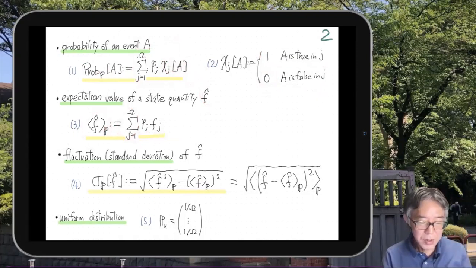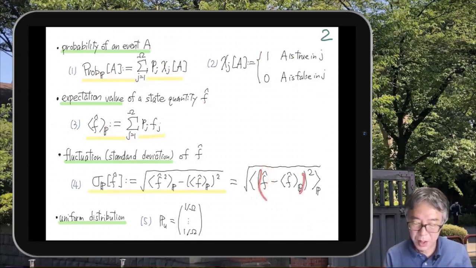Good. And this is the fluctuation of F, or the standard deviation of F. This is, again, the standard notation, and probably this is easier. This is F, the state quantity, and this is the difference of F and its expectation value.